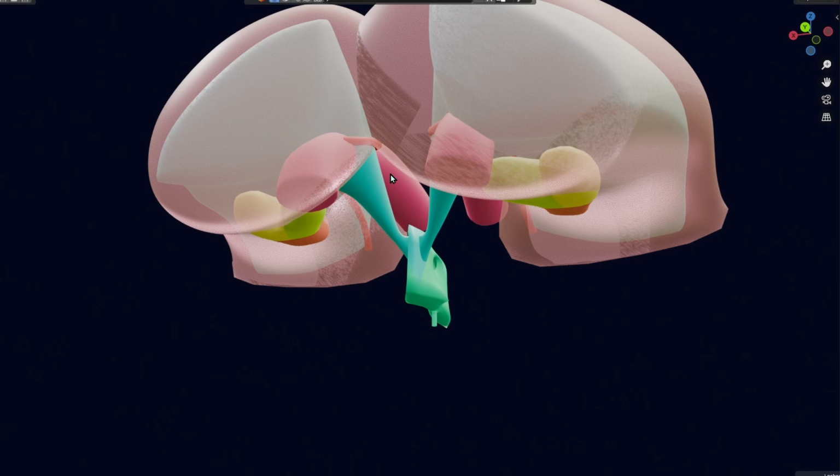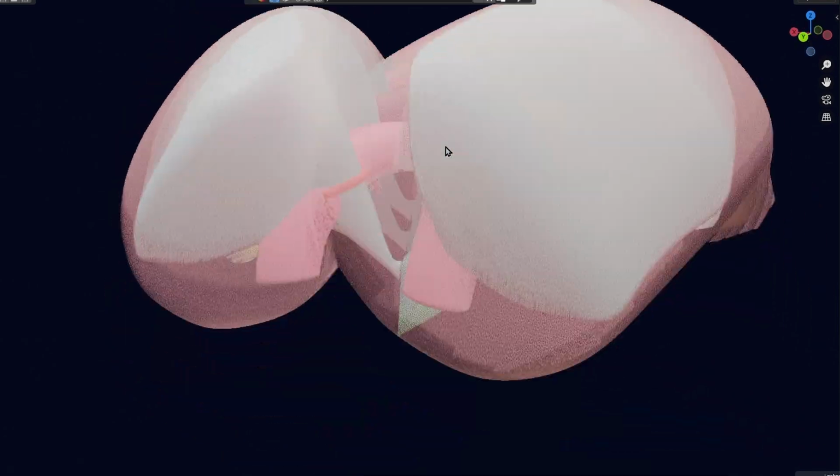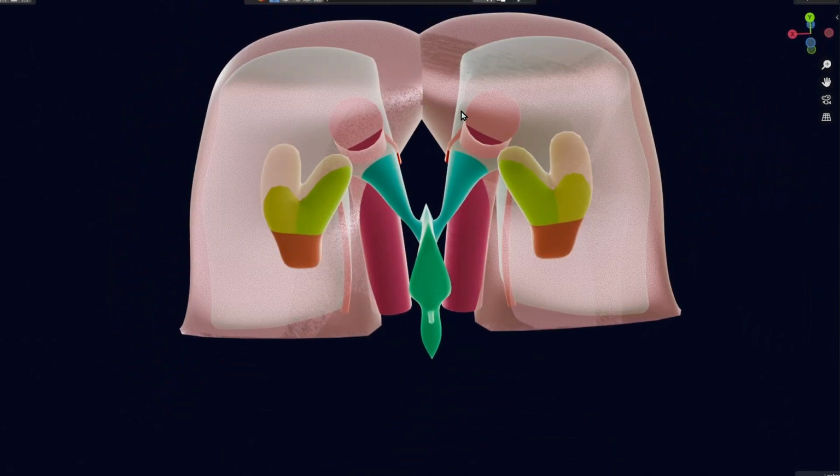So the cerebral cortex and subcortical structures develop from the telencephalon. That is it. This is the most important take home message of this lecture. So it is enough for most of you.